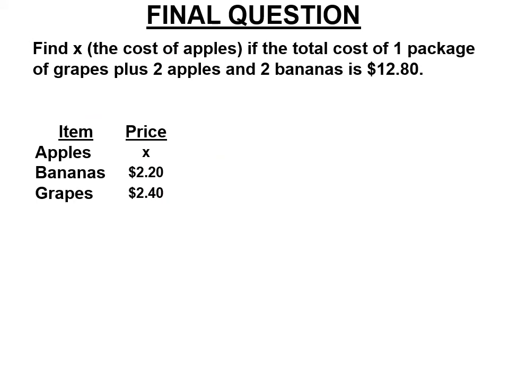Find x, the cost of the apples, if the total cost of one package of grapes plus 2 apples and 2 bananas is $12.80. So this is not distributive property. Let's do it this way. All right, $2.40 for one package of grapes, 2 apples plus 2x, and 2 bananas. 2 times 2.2 equals $12.80.